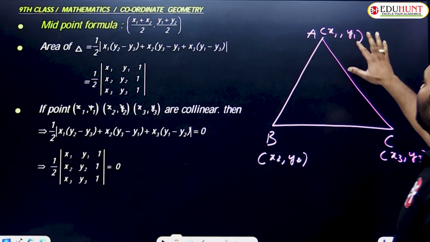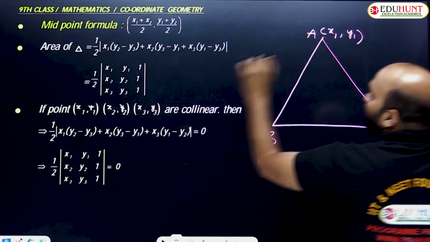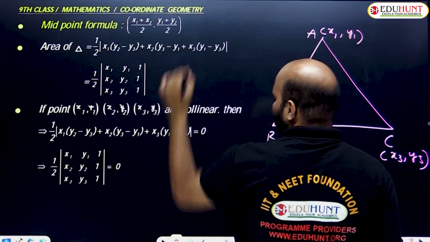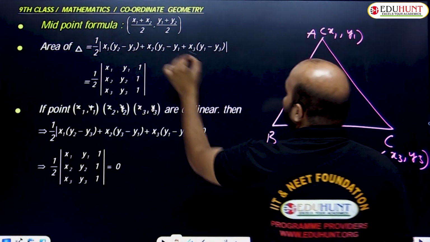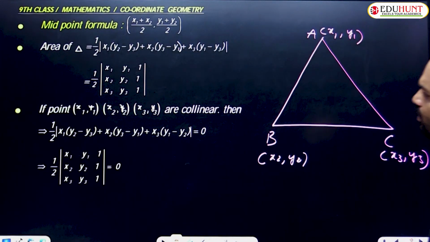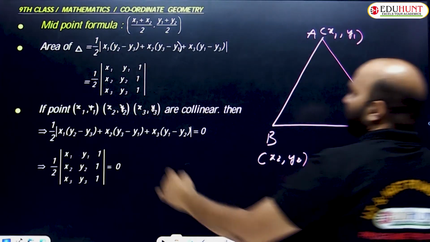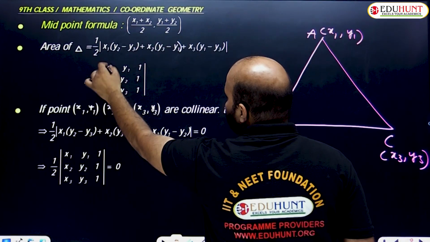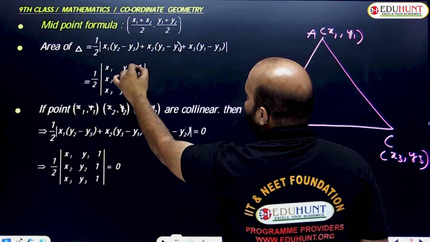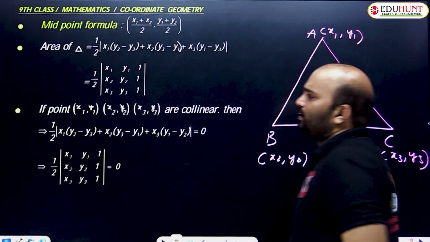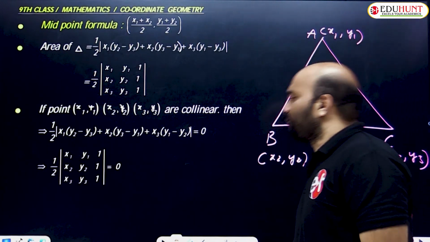Half into [x1 into (y2 minus y3) plus x2 into (y3 minus y1) plus x3 into (y1 minus y2)]. That is the area of the triangle. If you take the matrix method, it is 1 by 2 into mod of the determinant with rows x1 y1 1, x2 y2 1, x3 y3 1. This is a very important determinant formula in matrix.